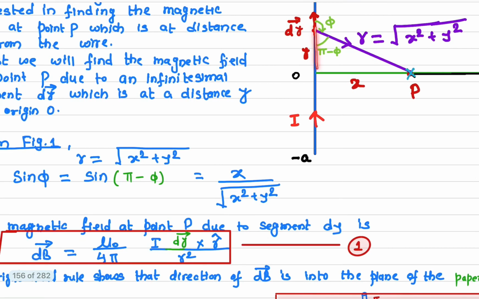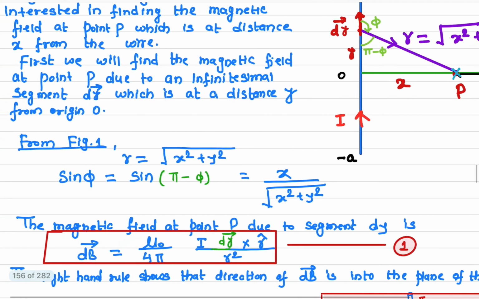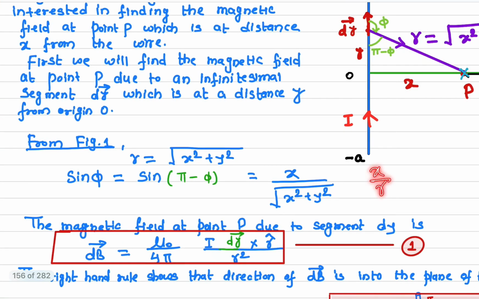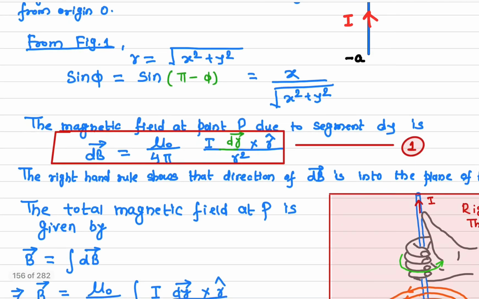And if you look at this triangle, the sine of this angle will be opposite divided by the hypotenuse, which is x over r. R is the square root of x squared plus y squared. And this is the magnetic field due to the tiny segment.